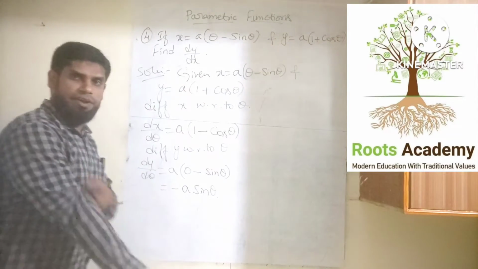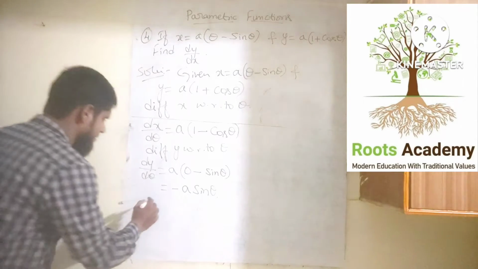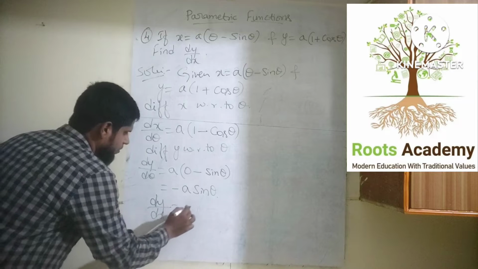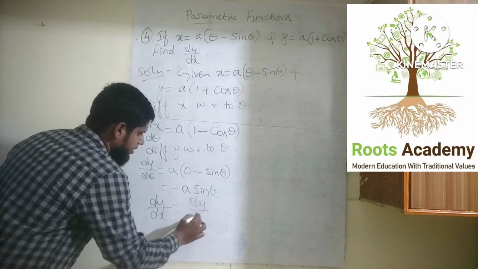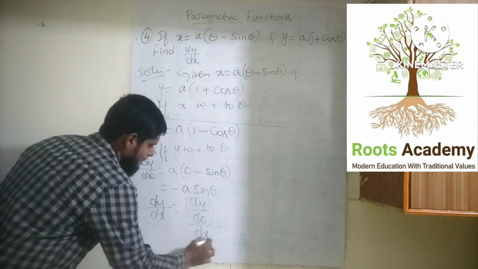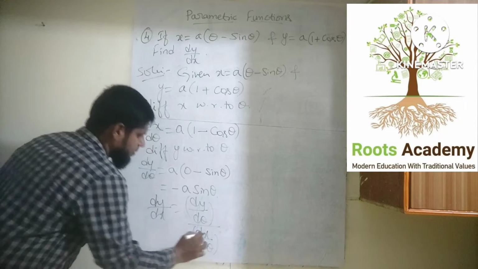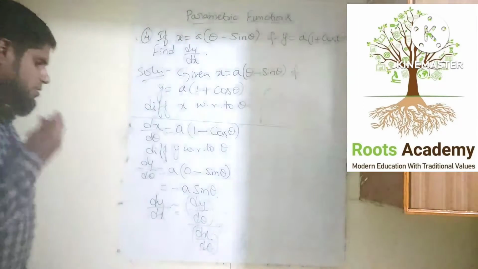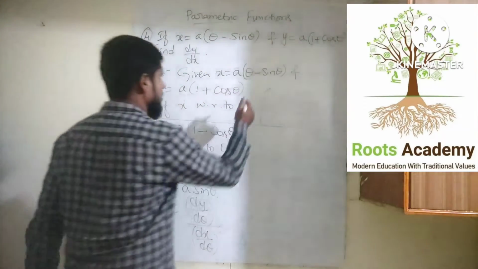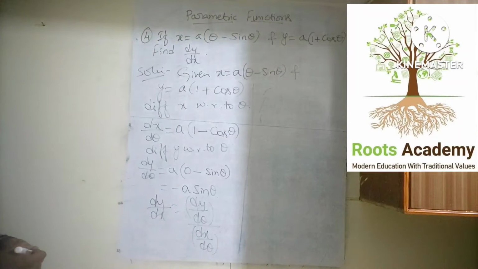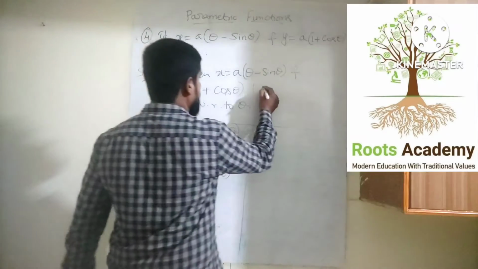Now let us try to find dy by dx. dy by dx is equals to dy by d theta, all divided by dx by d theta.